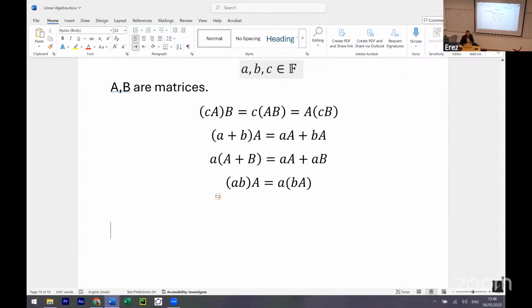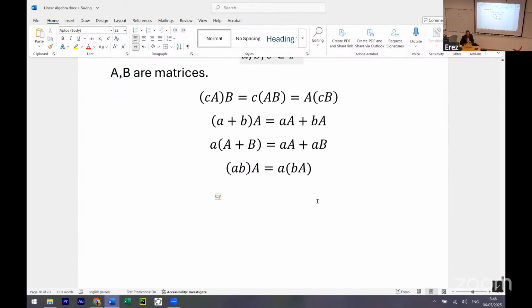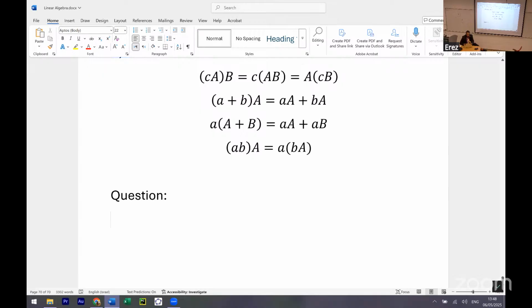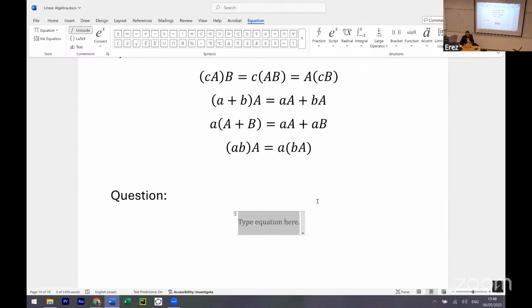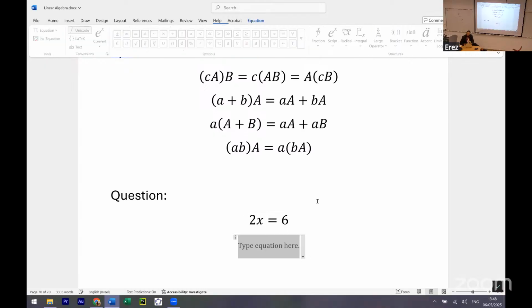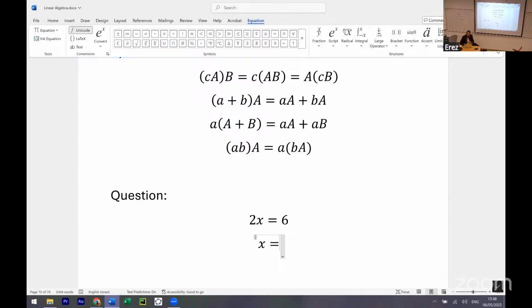I told you all this by heart, and now I'm going to write another question that has to do with invertible matrices. There are many ways to go about this question, and I'll choose one to write. Say 2x equals 6. What does x equal? Right? Great, Thomas.